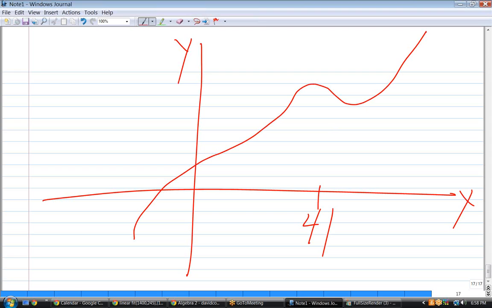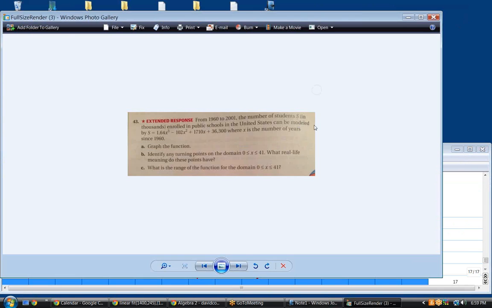I have no idea what the function graphs at, but a typical cubic has one little loop in it, like that. Well, they said graph any turning points. Well, there's a turning point, and there is a turning point. Notice it turns from going up to going down, and then it turns from going down to going up. That becomes very important in higher mathematics.